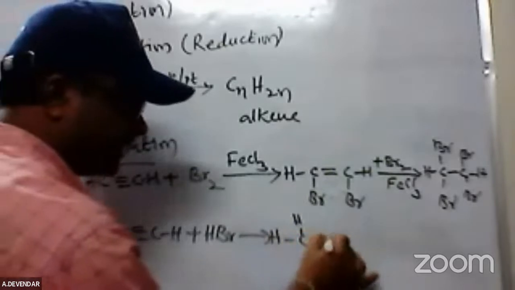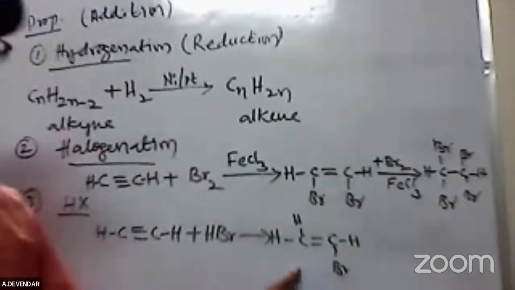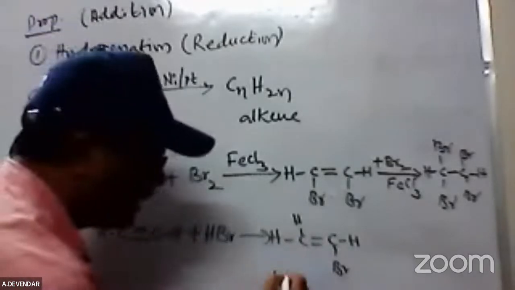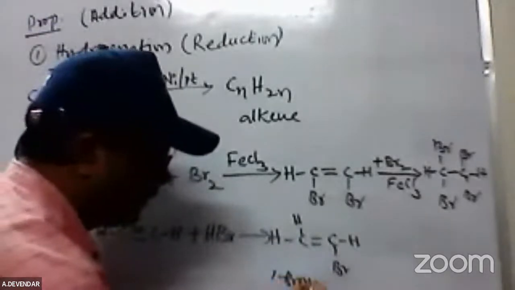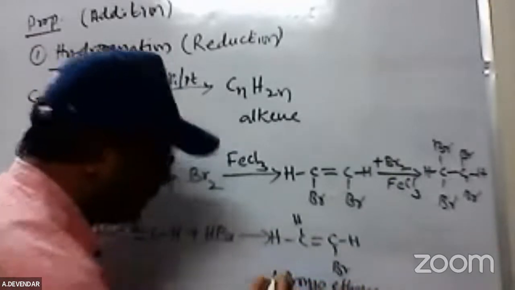See the mechanism. 1-bromoethene is the first product we get.